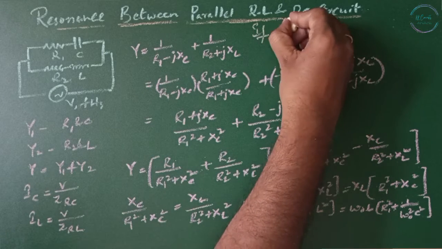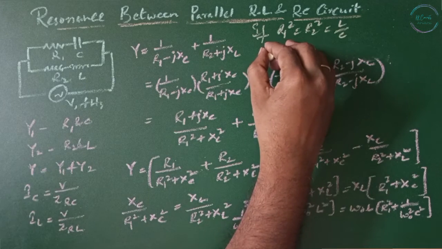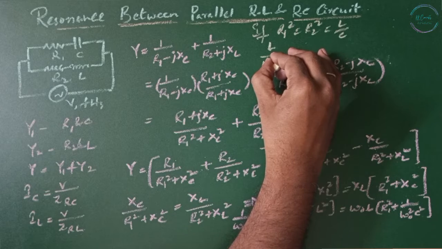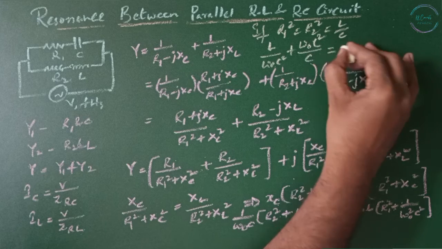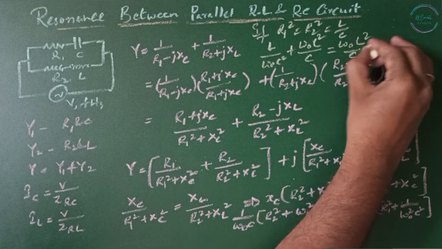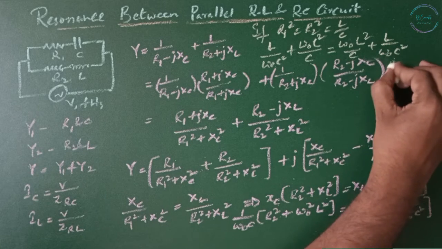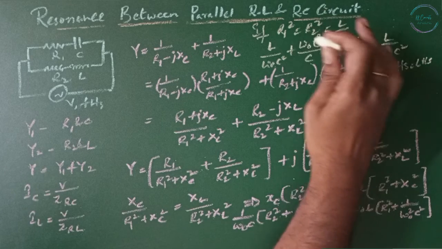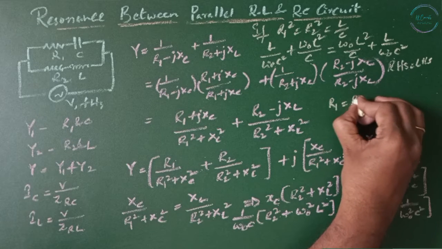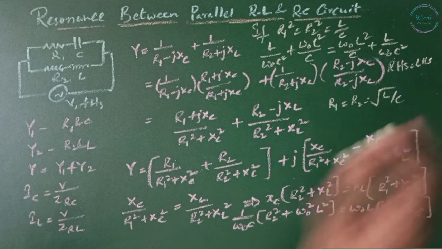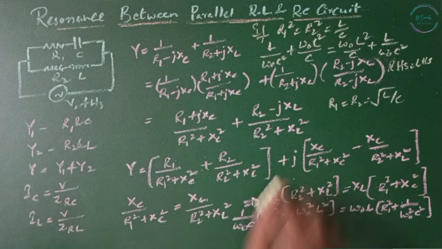If R1 square equals R2 square equals L by C, this equation is modified as L by omega naught C square plus omega naught L square by C, which equals omega naught L square by C plus L by omega naught C square, which is nothing but RHS equals LHS, provided R1 square equals R2 square equals L by C, or provided R1 equals R2 equals square root of L by C. The circuit will be in resonance for any frequency provided R1 equals R2 equals square root of L by C.